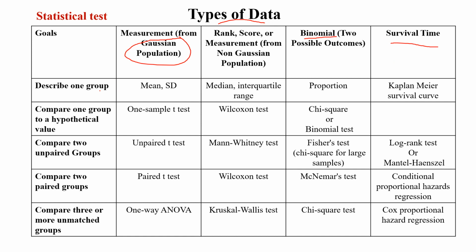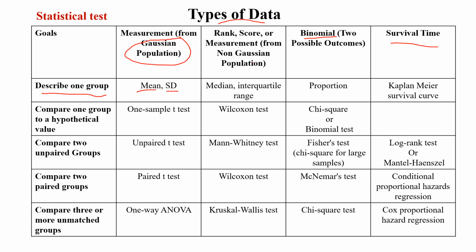It's like we have one single group, like the age of the patients in a number of patients, and the age of each patient is given. If the number of data is large, following the characteristics of the normal distribution, then we'll go for the parametric test. In that case we can calculate mean and standard deviation.